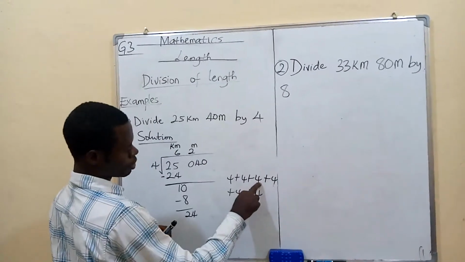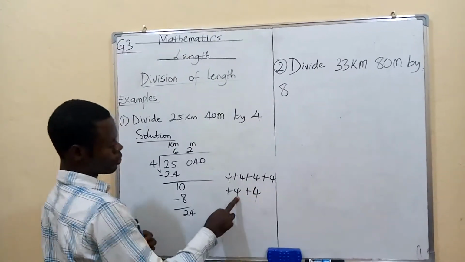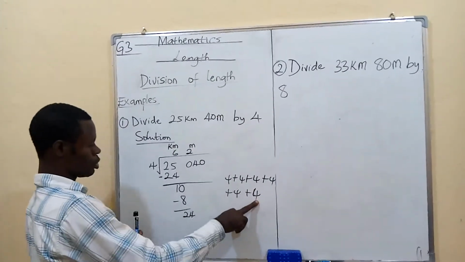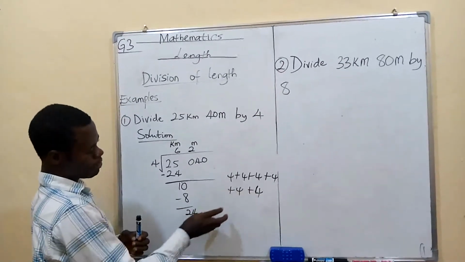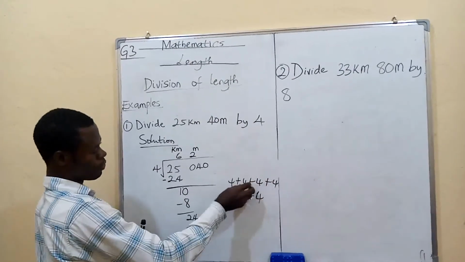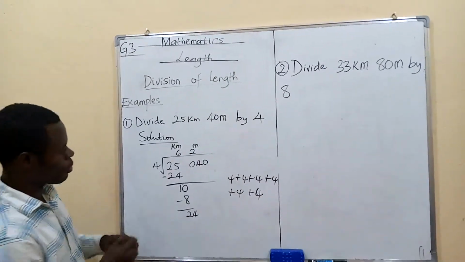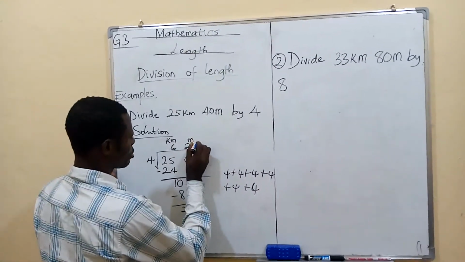Plus 4, 12. Plus 4, 16. Plus 4, 20. Plus 4, 24. So how many 4s do we have in 24? 1, 2, 3, 4, 5, 6. That is 24 divided by 4 is 6.